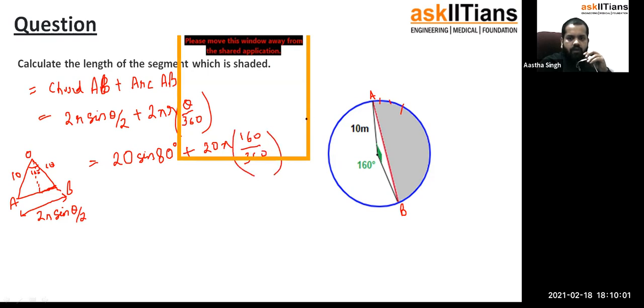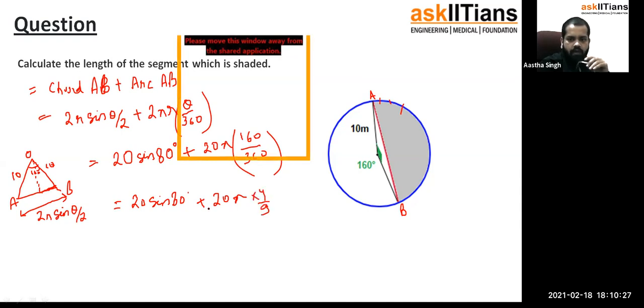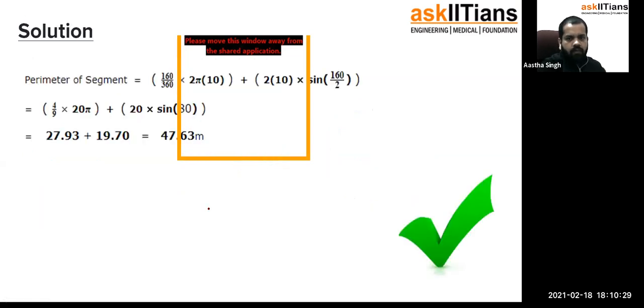The 0 will cancel out. Then it will become 20 sin 80 plus 20 pi into 4 upon 9.